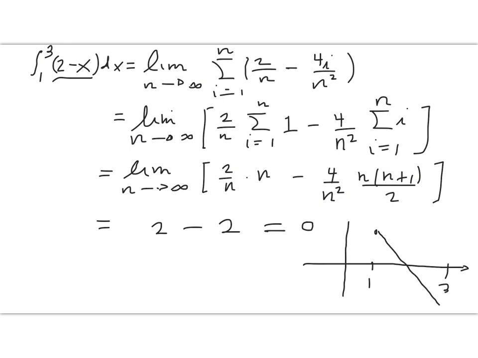If you look at the signed area under the curve, that portion that I'm drawing in is positive. This portion down here is negative, and when you add them together, you wind up with 0, just as we computed using this limit definition.